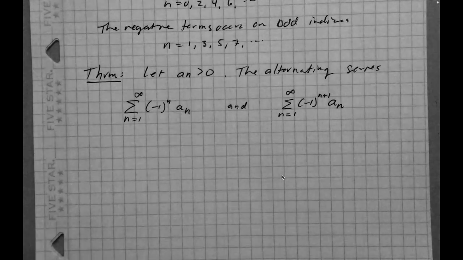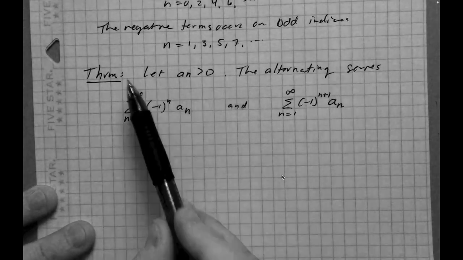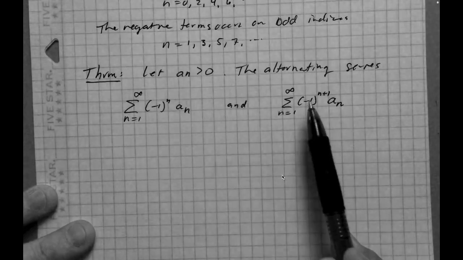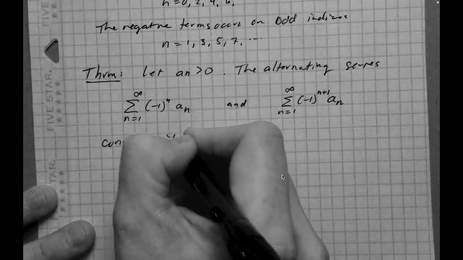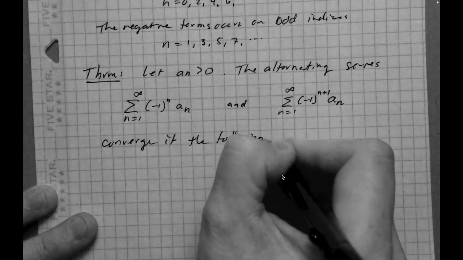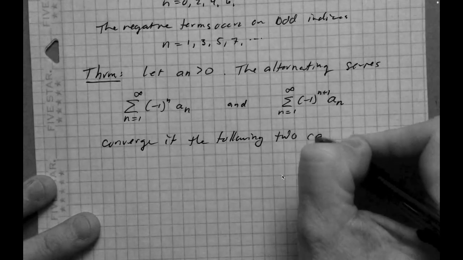If a series term is negative, it is always possible to pull the negative 1 out of everything. So what does the theorem say? If a_n is greater than 0, then the alternating series, these two, converge if the following two conditions are met.